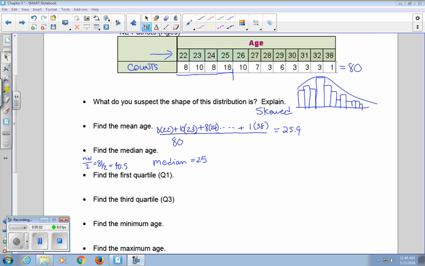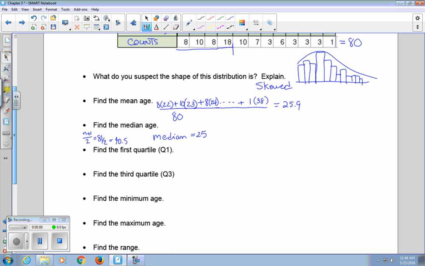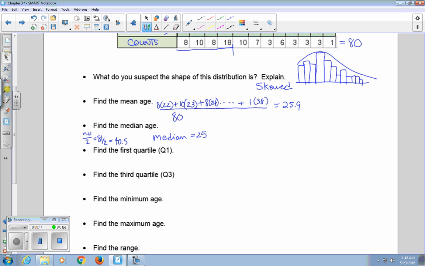Next, we want to find the first quartile. The first quartile is going to be the median of our lower half of our data set, and that's going to be from 1 to 40. So we're going to find our first quartile at position 20.5. In other words, we're going to average the 20th and the 21st data point.